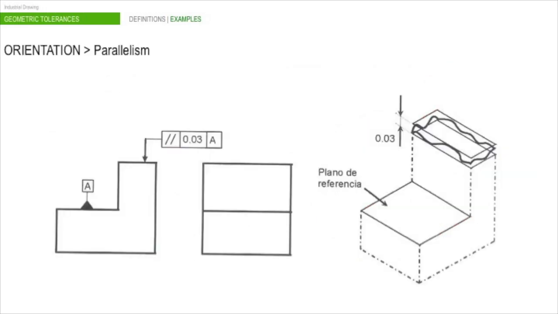The parallelism characteristic is quite similar to the flatness one, but in this case we need a reference plane. It's indicated by the datum. The tolerance zone is a zone held between two parallel planes parallel to the datum plane, and a distance 30 microns apart from each other.